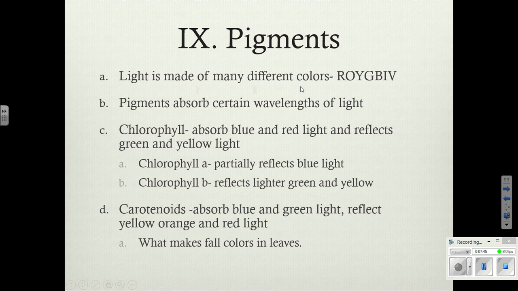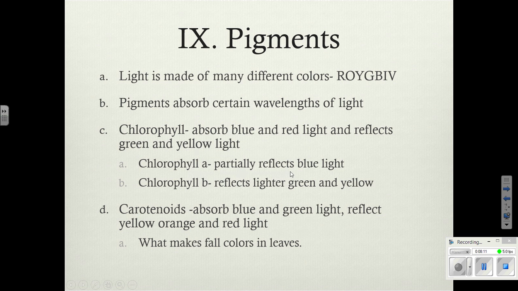Light has a whole bunch of different colors or wavelengths. Just remember the acronym ROY G BIV. Those are all the colors of the rainbow: red, orange, yellow, green, blue, indigo, and violet. We have different pigments that help us absorb these different wavelengths of light. One of the main pigments you've probably learned already is chlorophyll. Chlorophyll absorbs all the blues and reds, and it reflects more of the greens and yellows.